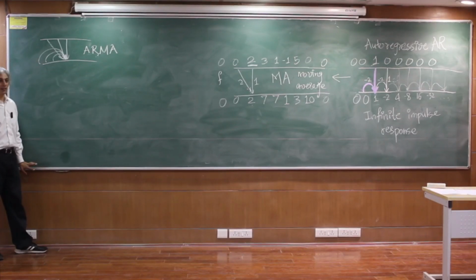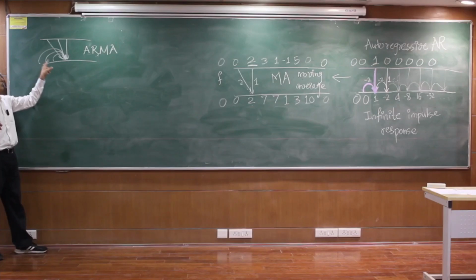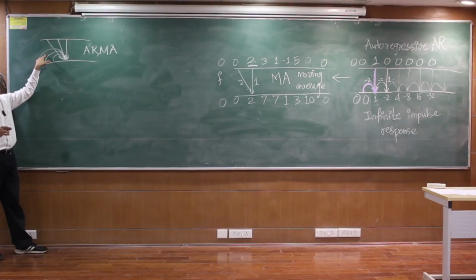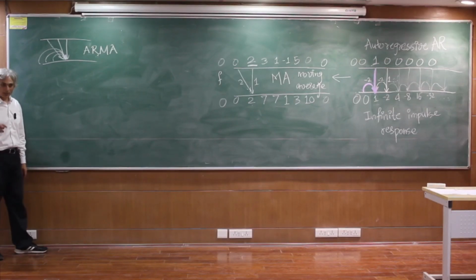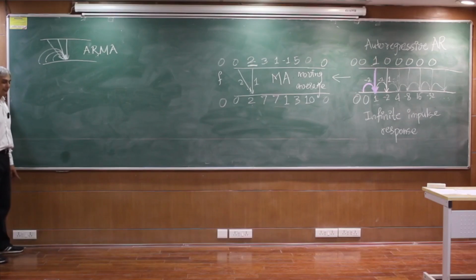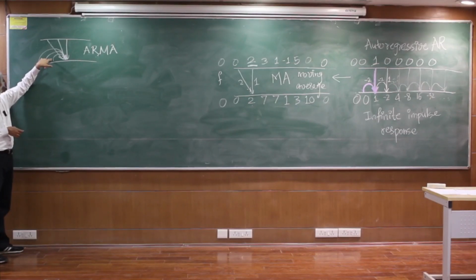Now, the question is: is this a convolution? Yes. And why? It is shift invariant and linear. Or there's another interesting way that he pointed out earlier. You can think of this structure as a cascade of a moving average structure and an autoregressive structure.